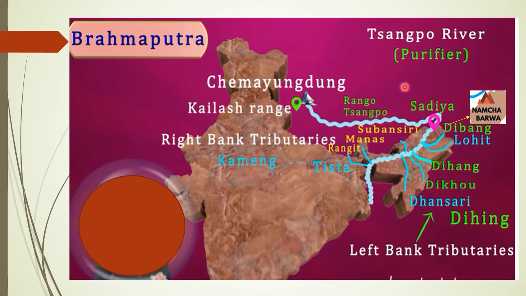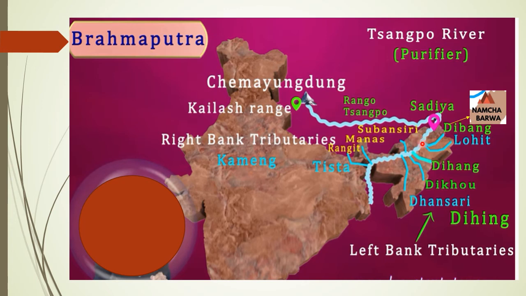When it enters into Arunachal Pradesh, they call the Brahmaputra Dihang, and there in Arunachal it is joined by two main tributaries, Dibang and Lohit, and then the Brahmaputra river comes into Assam. In Assam it is joined by two more tributaries, Dhansari and Dikhu.